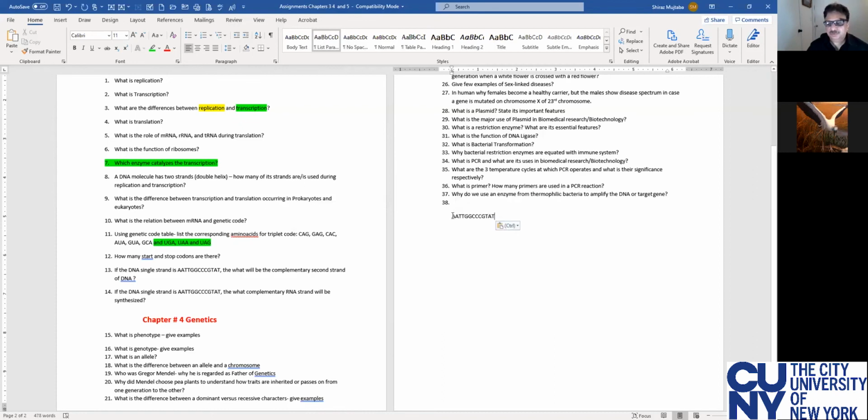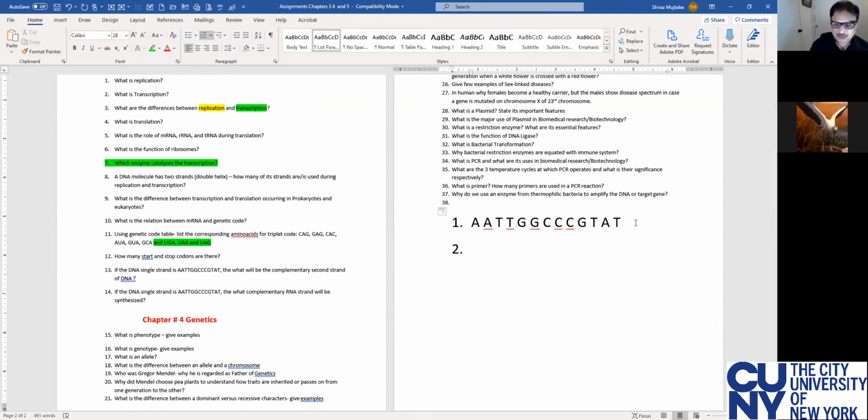If this is the sequence of DNA on one strand, then the question I'm asking you is, what will be the sequence of nucleotides on the second strand?